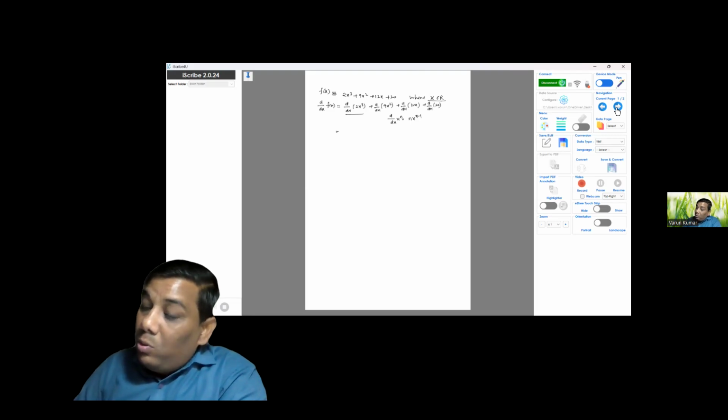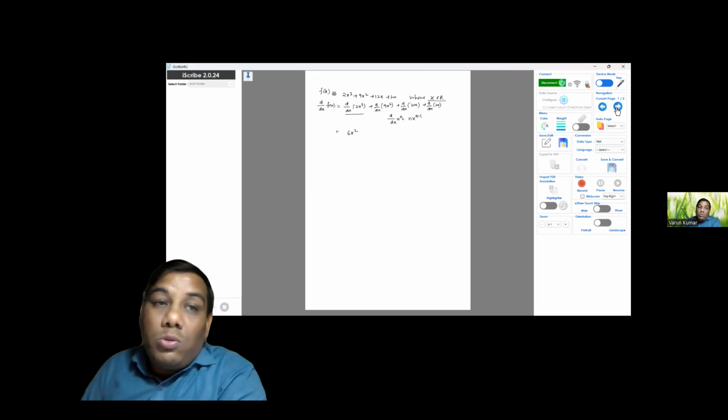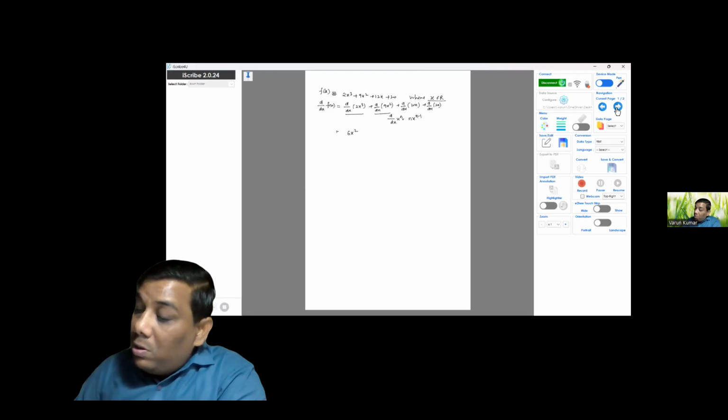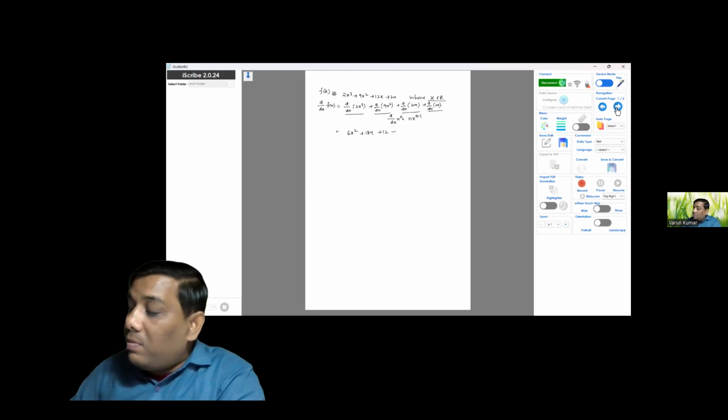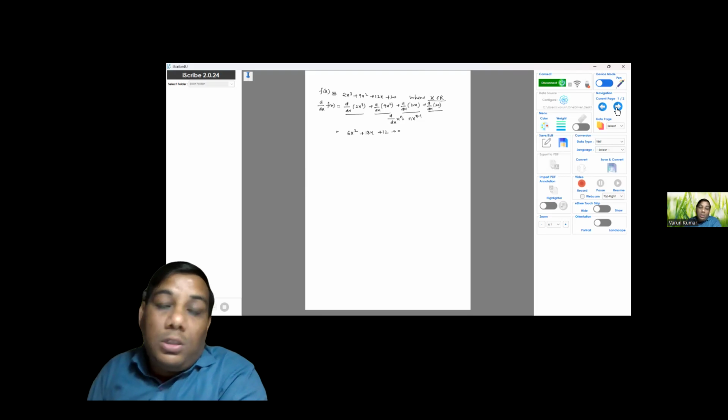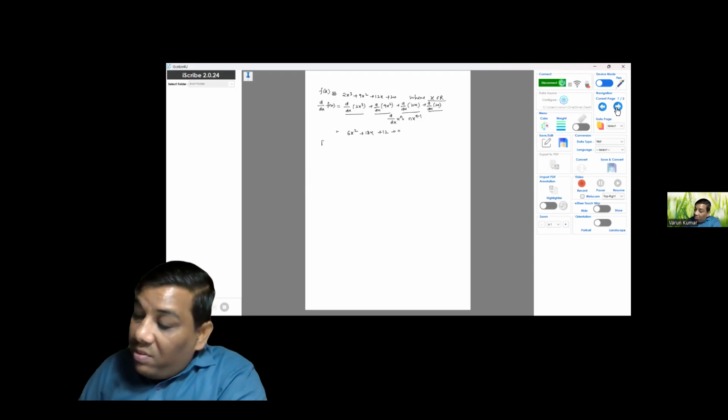Now it will become 6x^2, 18x, 12, and for the constant it will become 0. Now f'(x) will become 6x^2 + 18x + 12.